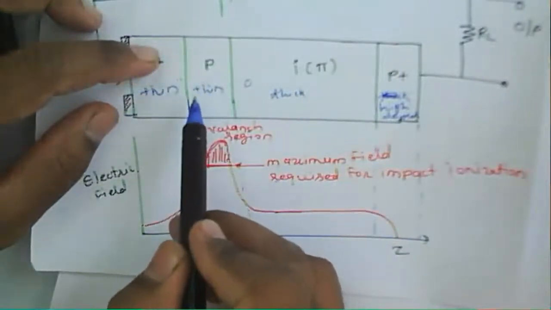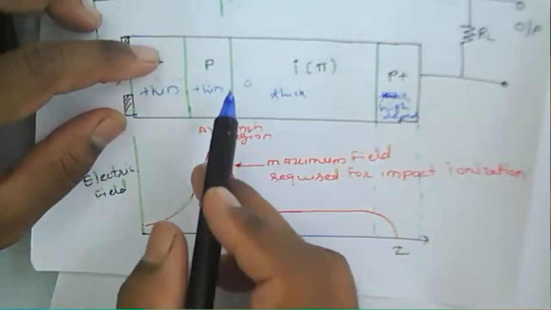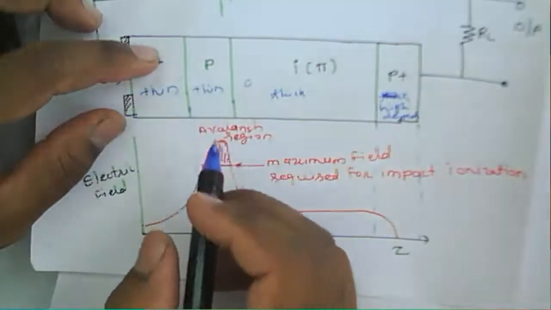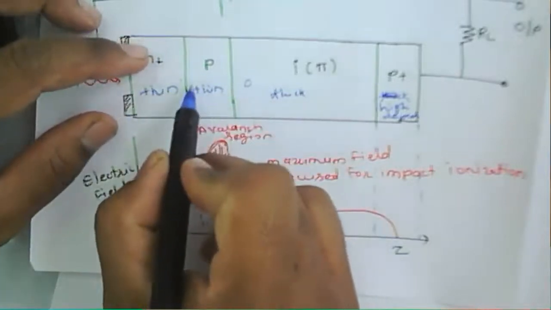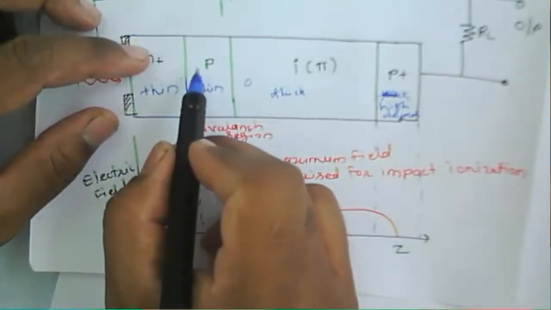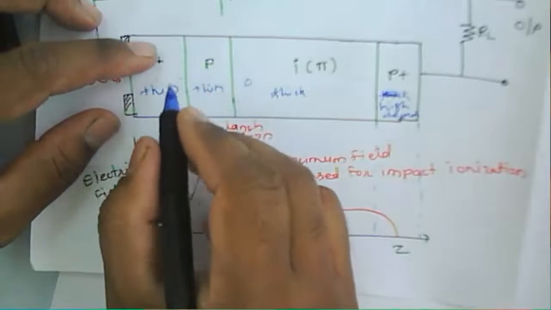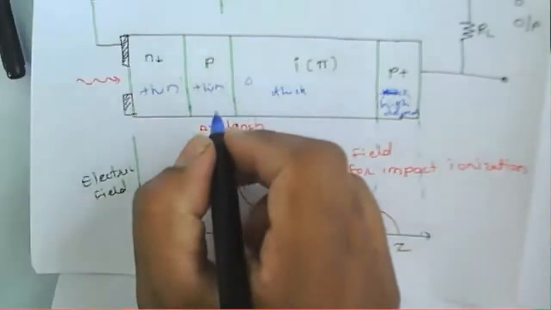And that is called the avalanche impact ionization process, because it generates multiple electron hole pairs in this particular region.